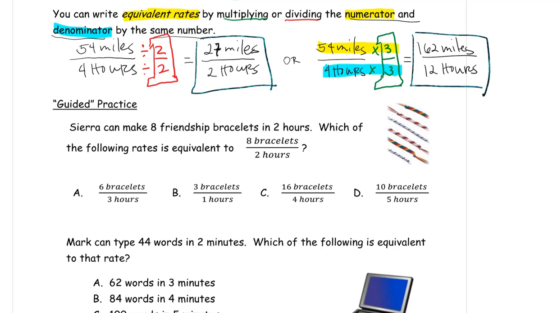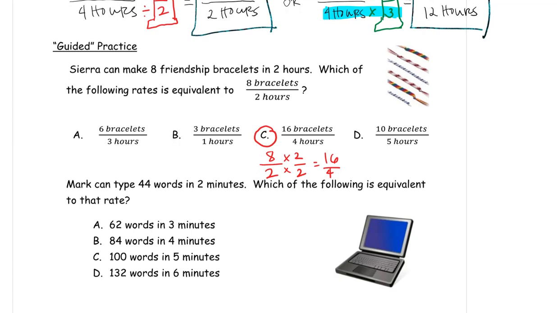So which of the following rates will give you an equivalent rate of 8/2? That should be letter C. Why is it letter C? You have 8/2 and you multiply that by the same number 2, which gives you 16/4. So the equivalent rate is letter C.